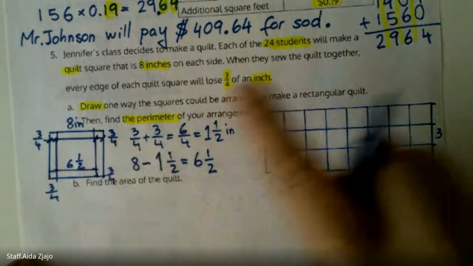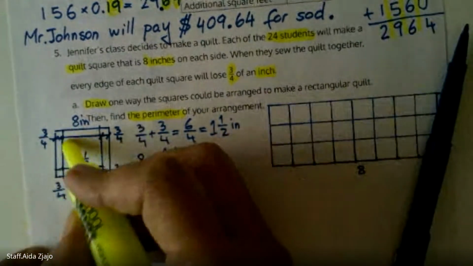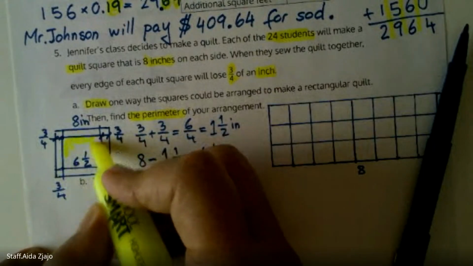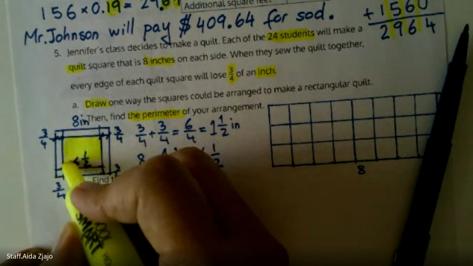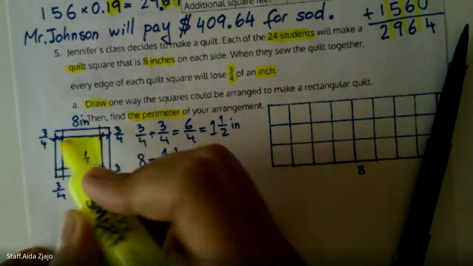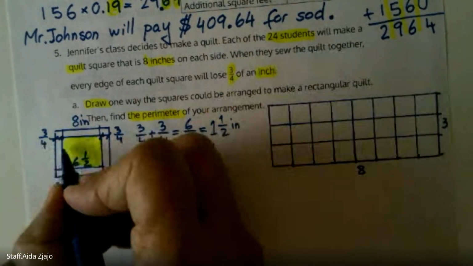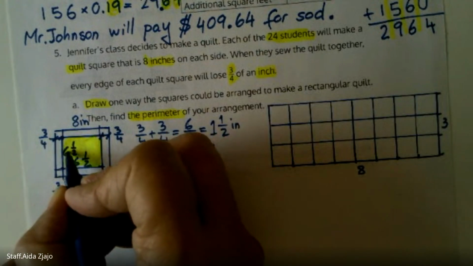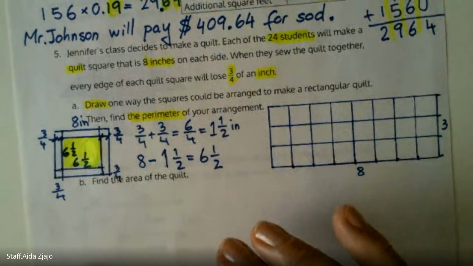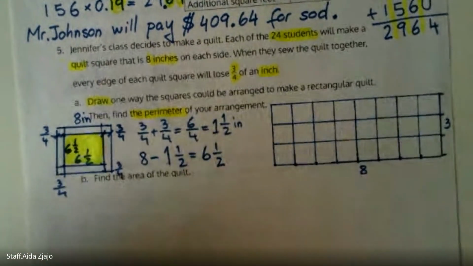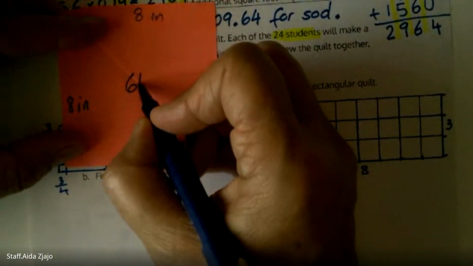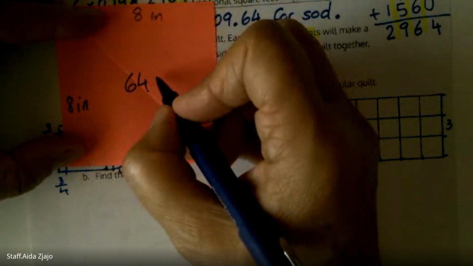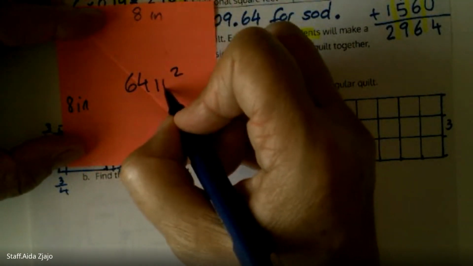The area of the inside of the square would be 6.5 times 6.5, because it's a square. Each will bring 64 square inches. 64, because 8 times 8 is 64 square inches.